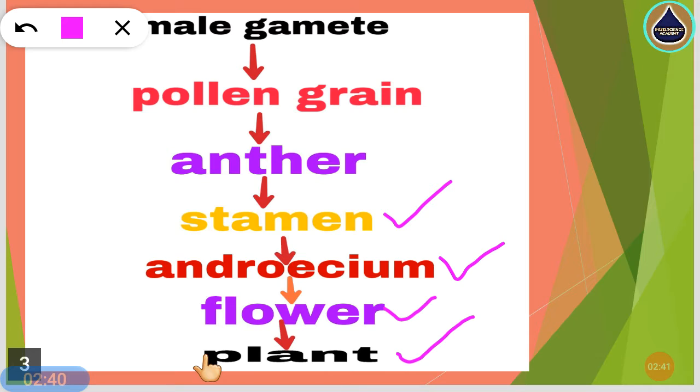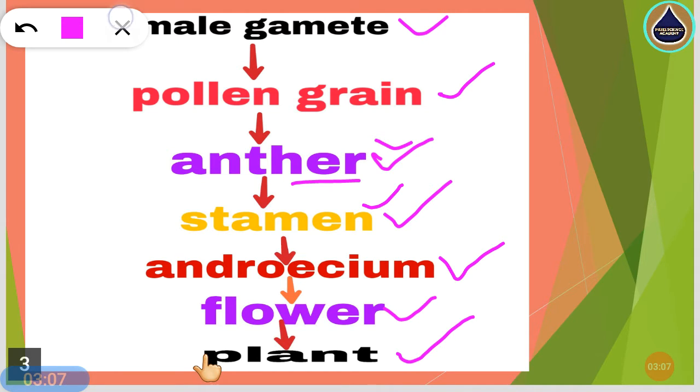The stamen possesses three parts. The uppermost part of the stamen is called the anther, and then the filament, and the connective is also there. In the anther there is the pollen grain, and in the pollen grain the formation of the male gamete takes place.